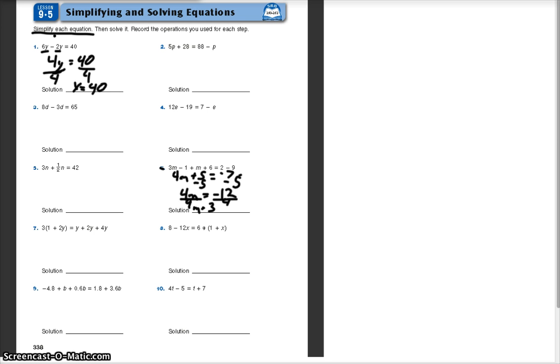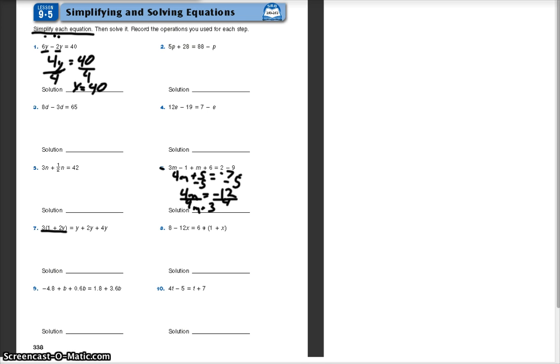Okay, last one that I'm going to work on is turning to the next page. If you go to page 339, take a look at number 7 here. I'm not going to work on it. But along with simplify, you see here, we have what property? That's right, the distributive property being shown. So we would want to distribute first. Before we do any kind of simplifying, you want to distribute that.